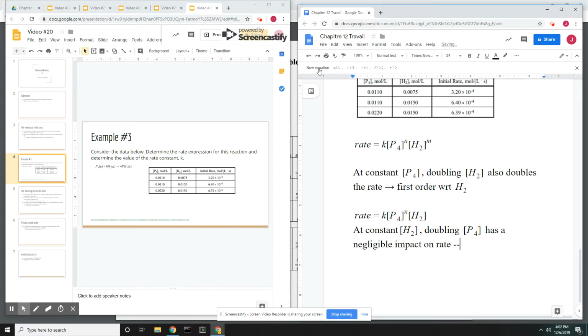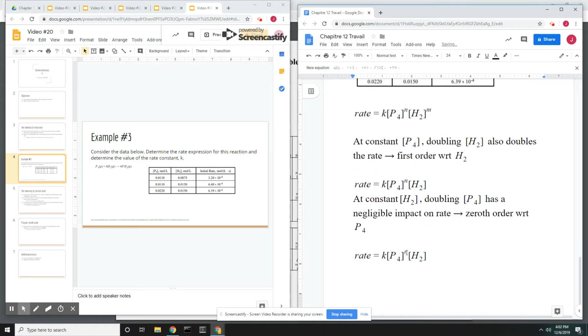What that tells me is that this is zeroth order with respect to P4. So I can take my expression, now that I know that it's zeroth order with respect to P4, I can now make that n to the zeroth power, which is really just making it 1. So now I know that my expression is rate is equal to k times H2 concentration.